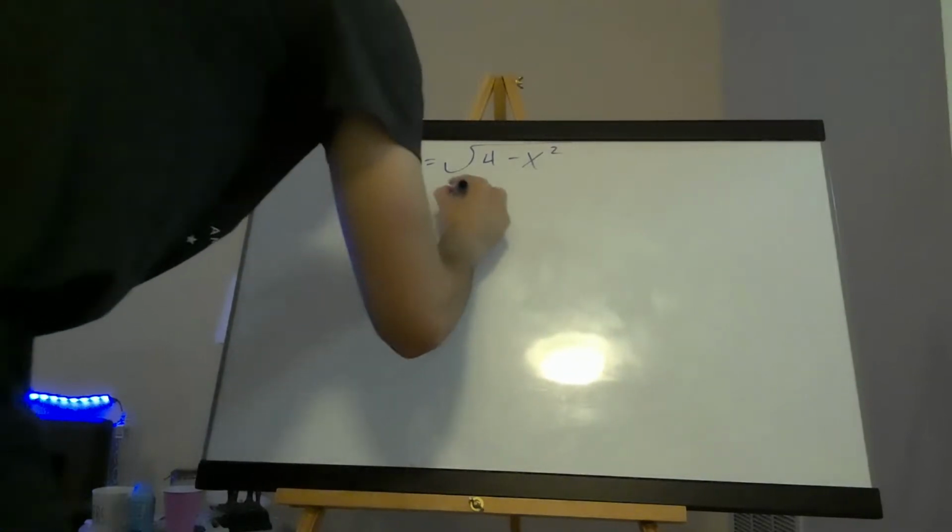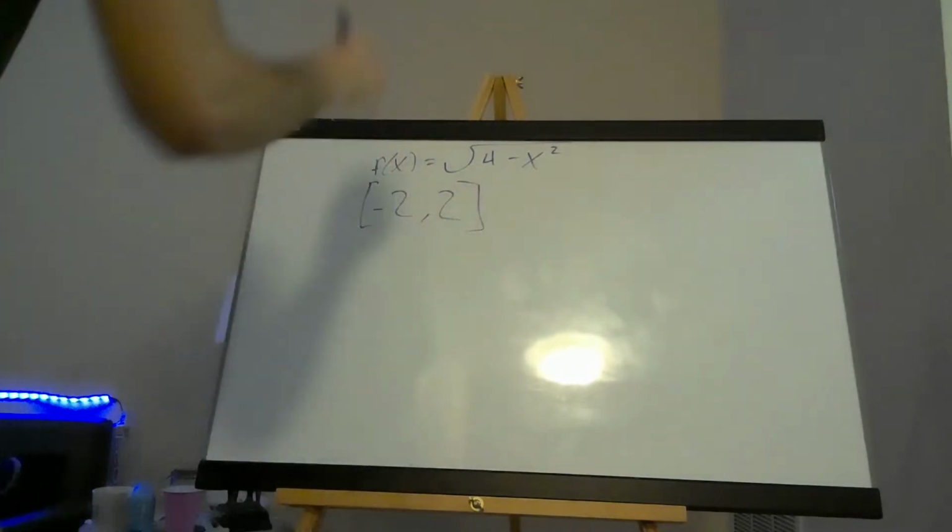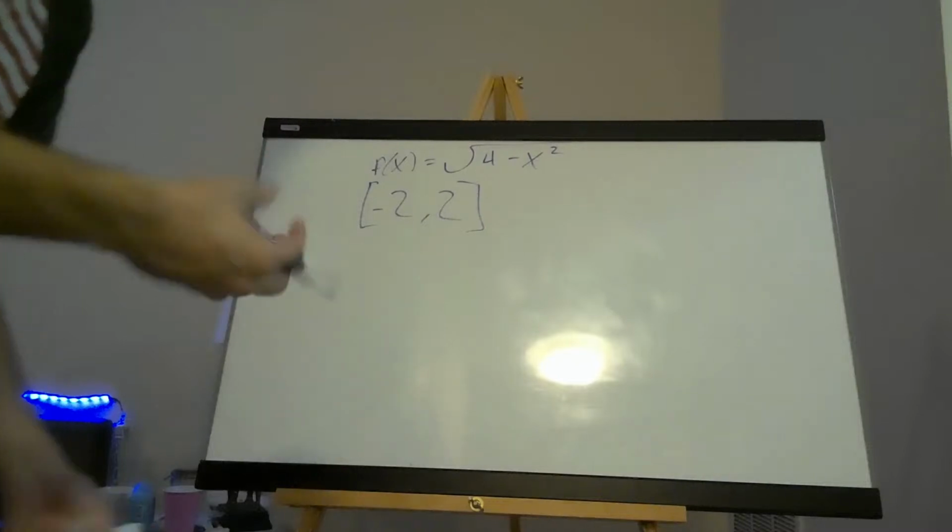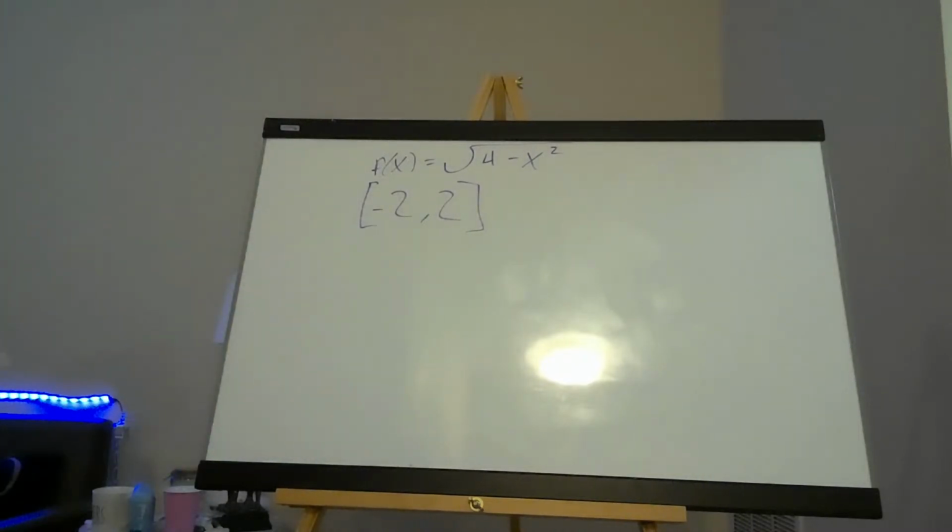So my question to you now, is this function continuous on the interval of -2 to +2? Just a simple yes or no will suffice. If you don't know, just feel free to guess.